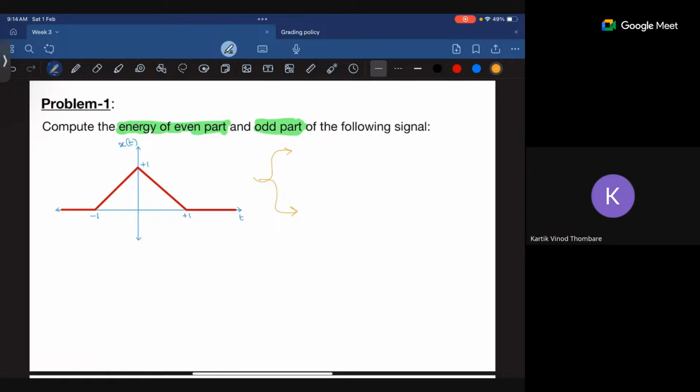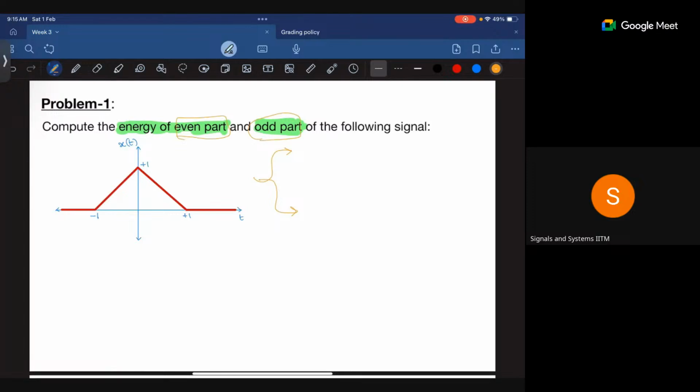Even. So even though the question might be confusing, asking for even part and odd part, sometimes just stare at the function or the graph given to you and see whether the given graph is even or odd. If it is not even or odd, then you have to split it into even and odd parts.